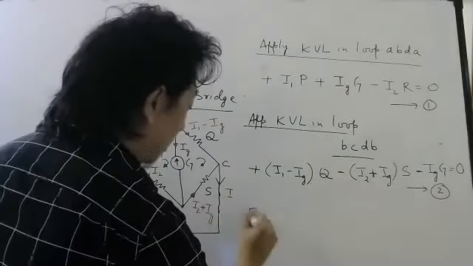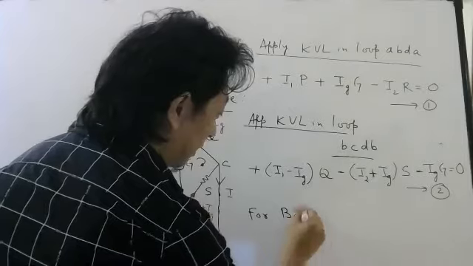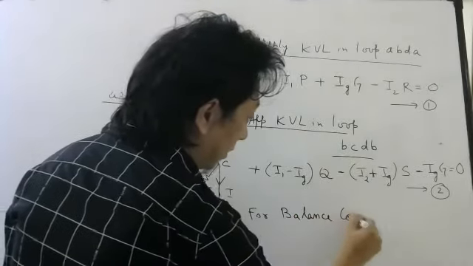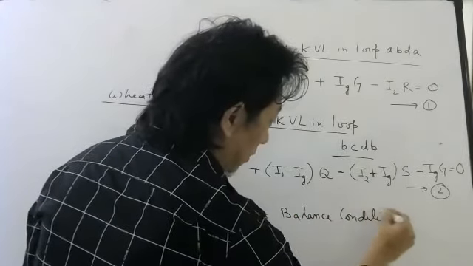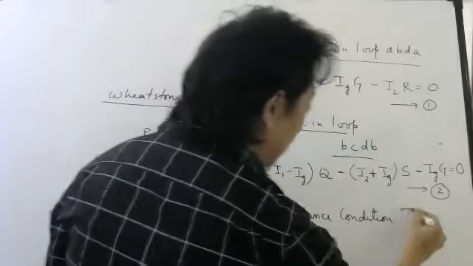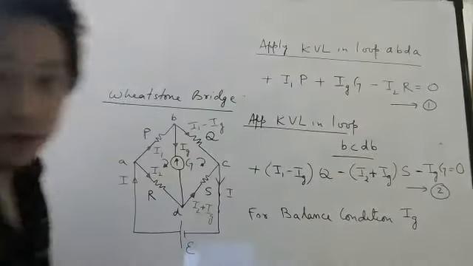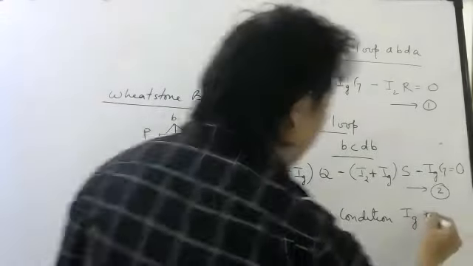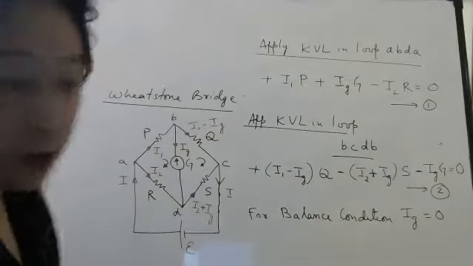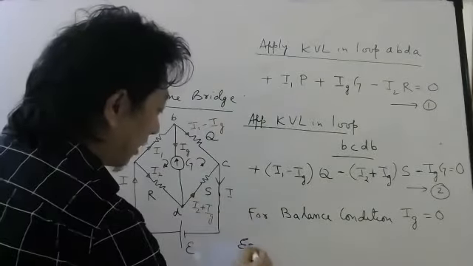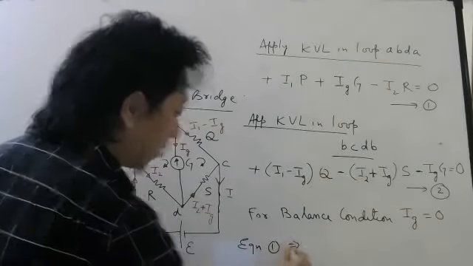So for balance condition, current in the galvanometer, which I have written Ig, should be 0. Because of this, what will happen to equation 1? Tell me. Equation 1 will become what?